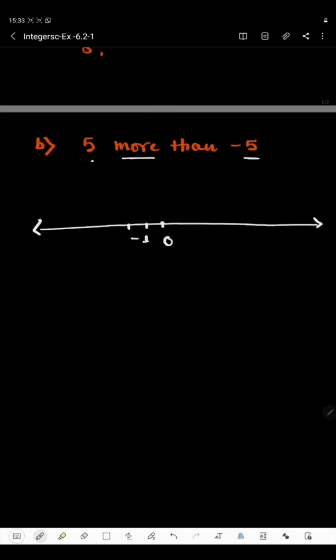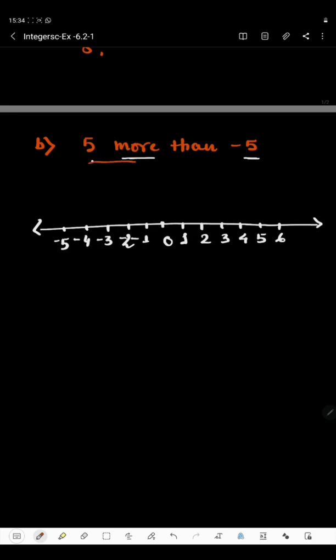Minus 1, minus 2, minus 3, minus 4, minus 5. Right side of 0 is all positive, so 1, 2, 3, 4, 5, 6 and so on.